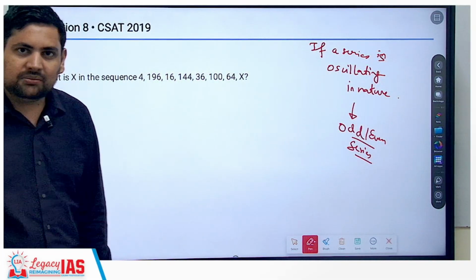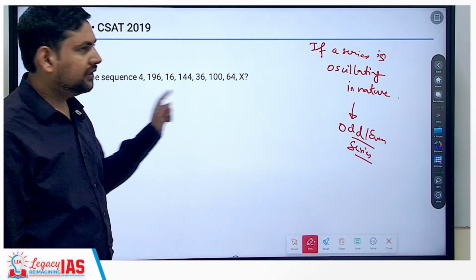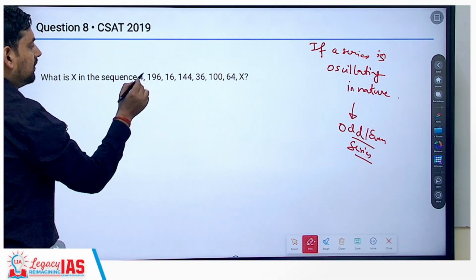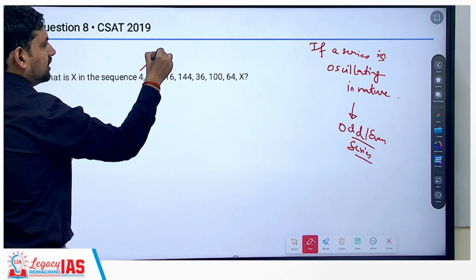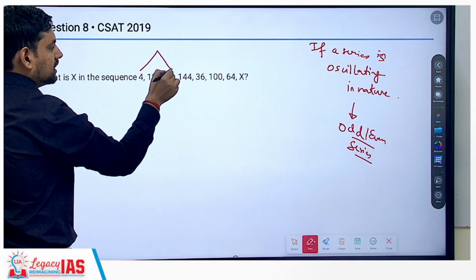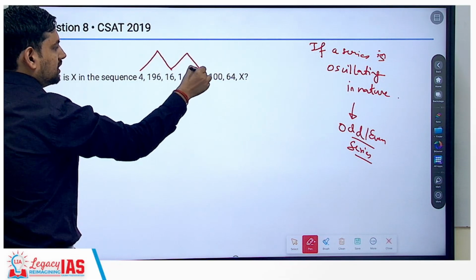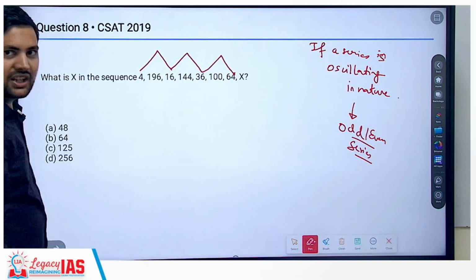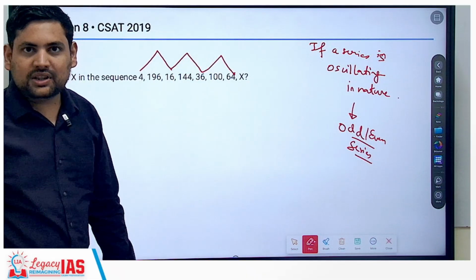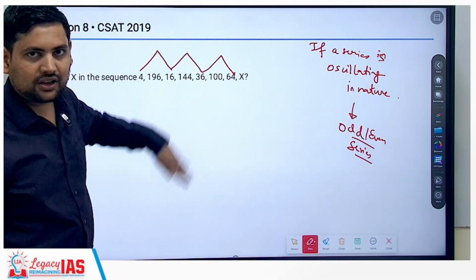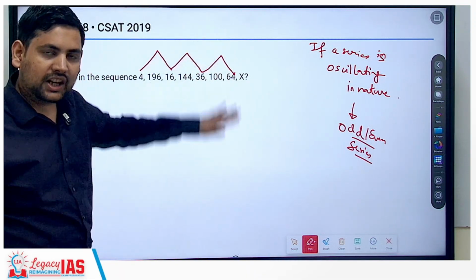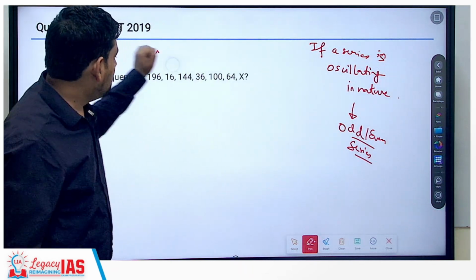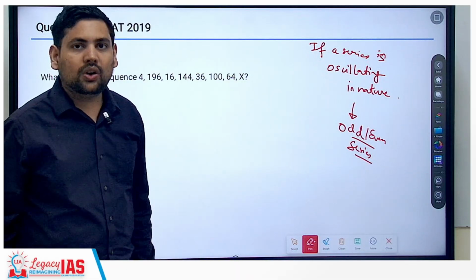That means the odd terms are following a different series, even terms are following a different series. Like here, if you look, 4 and 196 increase, then decrease for 16, then 144 increase, 36 decrease, then 100 increase, 64 decrease. Are you seeing? It forms mountains like this. So this is an oscillating series. It is oscillating between increasing and decreasing like this. So here is the hint that it might be an odd even series.